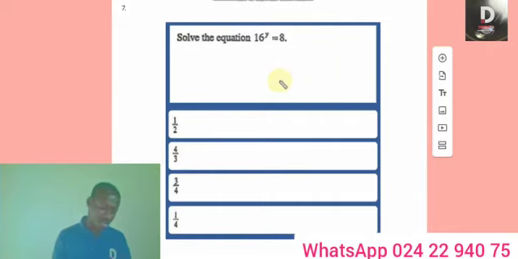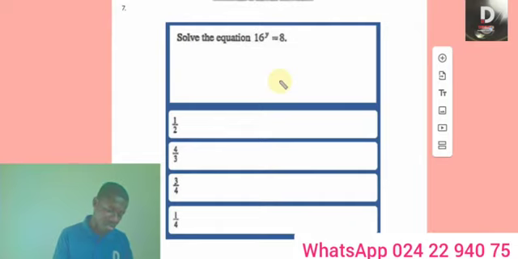So let's go. The next one says 16 to the power y, and the power is y. I'll put x there. Okay, equal to. Sorry, I pressed the wrong key. So I press my arrow back and I get 16 to the power x equal to 8. I solve it. This is what I have. Now SD, 0.75.